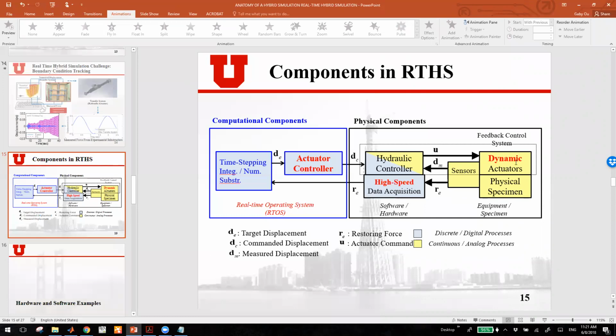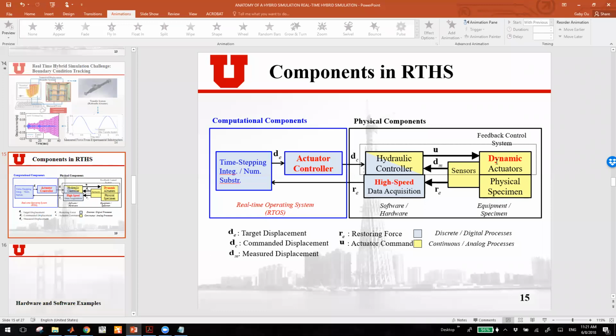And the dynamic actuator is needed because the loading you are sending to the actuator is at the frequency of the natural mode of your structure, so you need your actuator to respond faster. Also, the actuator controller is the dominant component in RTHS. It's just because when you run your experiment faster, the actuator dynamics are more significant, and that can jeopardize the real-time hybrid simulation performance.